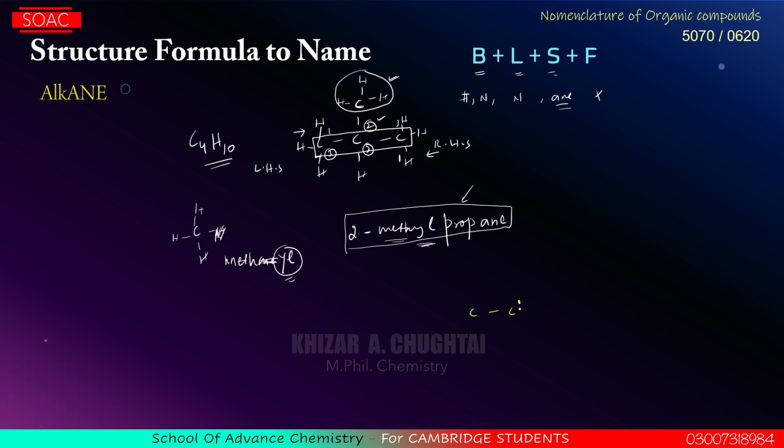For example, this one. And this time I'm making the branch over here and putting 4 carbons in a straight line in the longest chain.